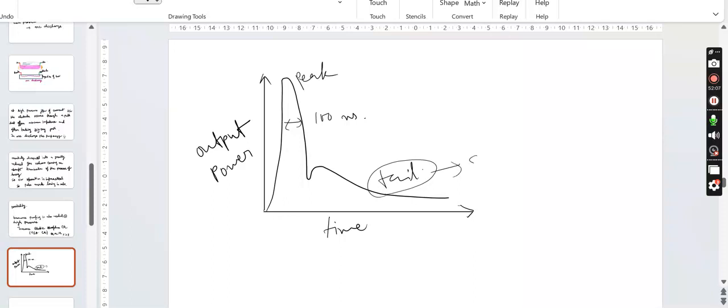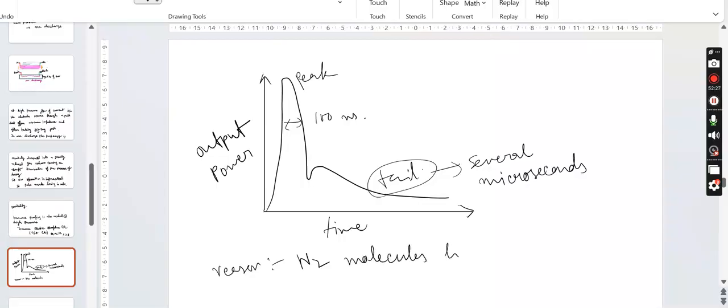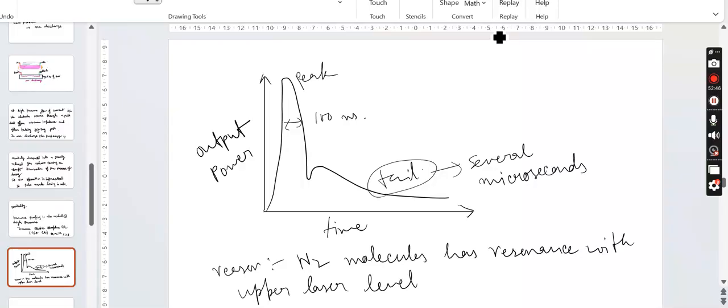And this scale is several microsecond. And the reason nitrogen molecules has resonance with upper laser level, which is a metastable state.